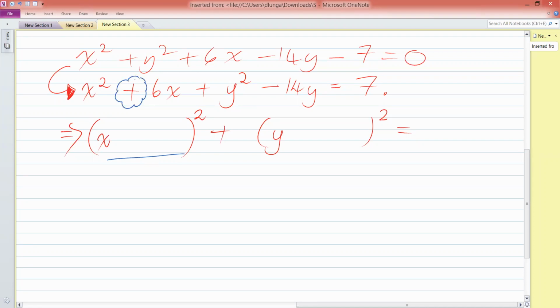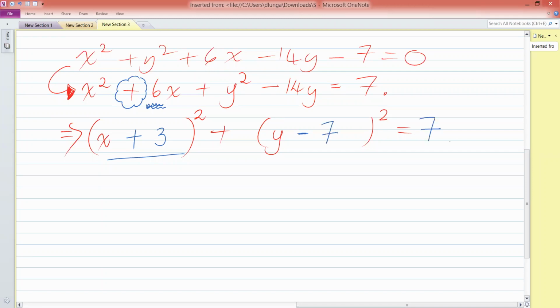If this is a positive sign, that means this must also be positive. Then you take this value, the b, and you divide it by 2. So 6 divided by 2, that would give us 3. So I've done the first part, for the x. Then let's look at the y. Minus, this must also be minus 14, you divide that by 2, which becomes 7.